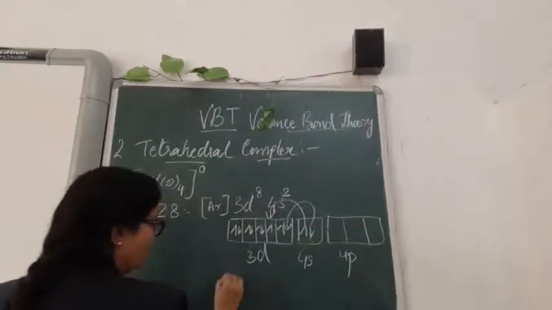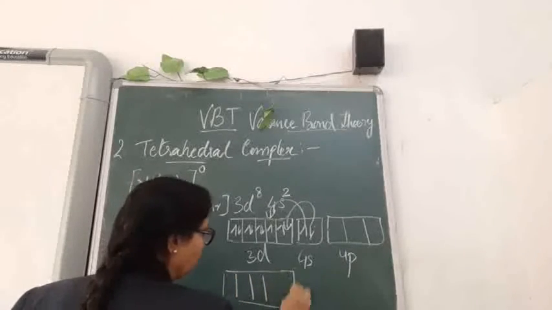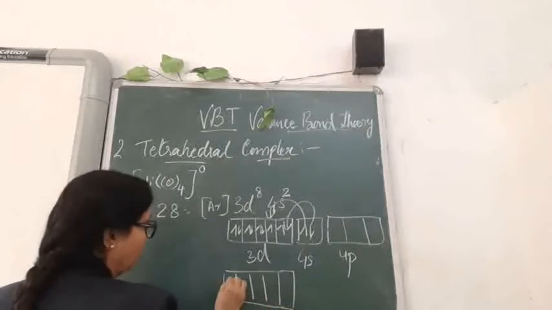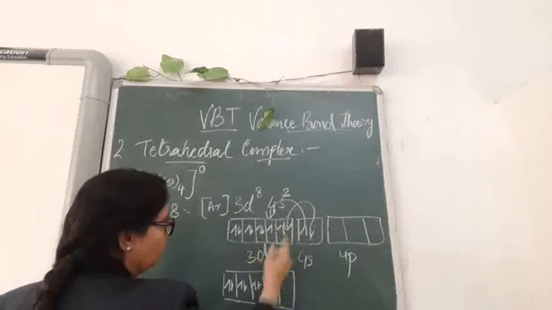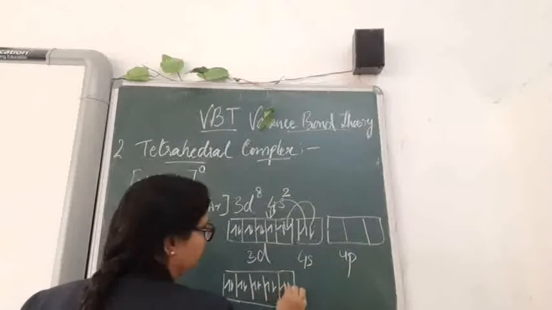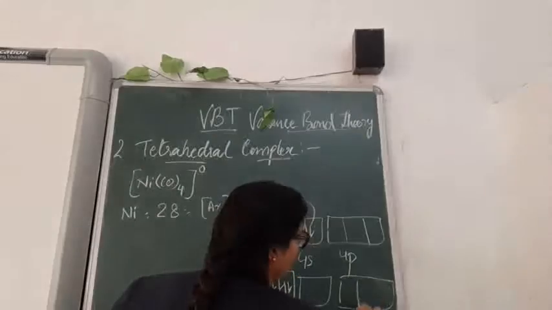So you will get one new configuration like this. Now 2 electrons here, 2 already here, 2 already here. These 2 also come and join here. So now this will be empty and this is also empty.